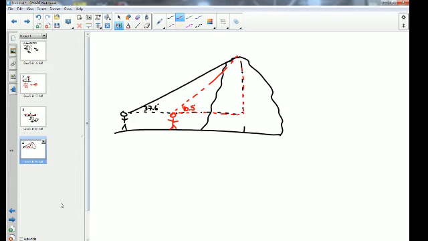So you need two different angles. Because we don't know how far we are from the mountain, right? From the center of the mountain. We need to be measuring from the center of the mountain.